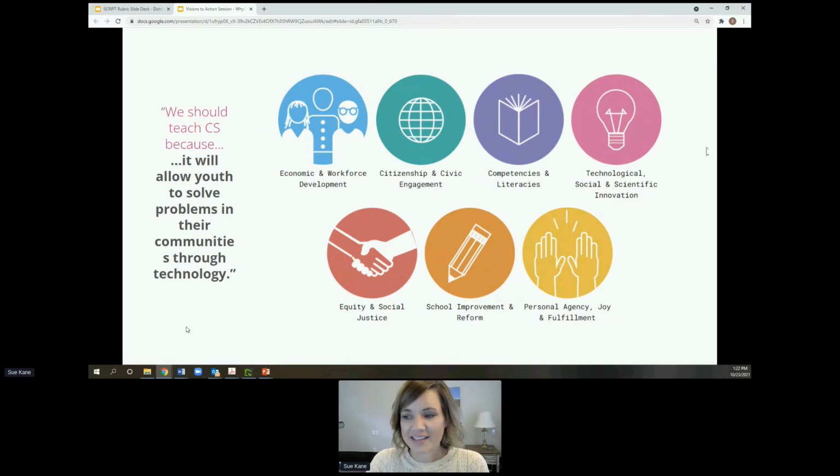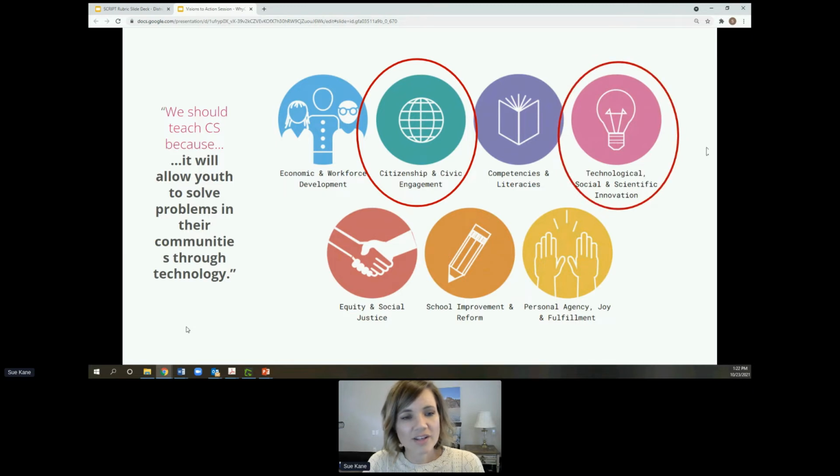And this one has probably three of the categories: elements of citizenship and civic engagement, the technological and social scientific innovation aspects, and also some equity and social justice. So you can see some of these statements that you'll hear in casual conversation start to organize into these underlying value systems and rationales.